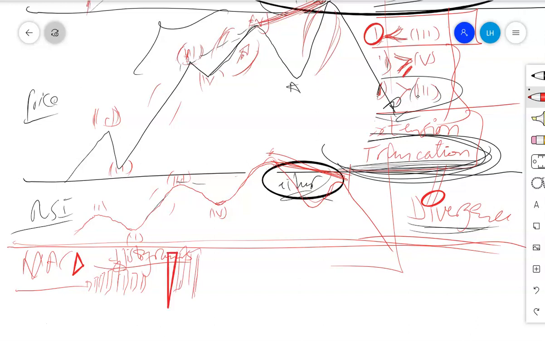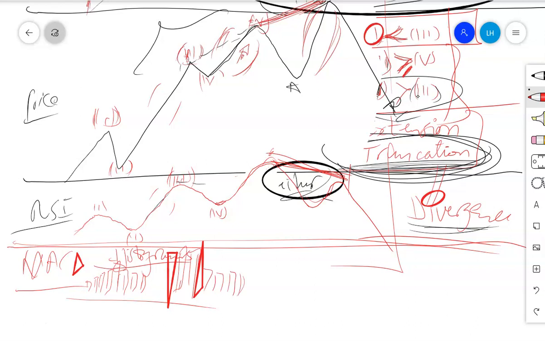Therefore, when I'm making wave counts in relation to MACD, the point where the histograms are the longest is where I label the third wave. Then in the fourth, volume goes down as usual.